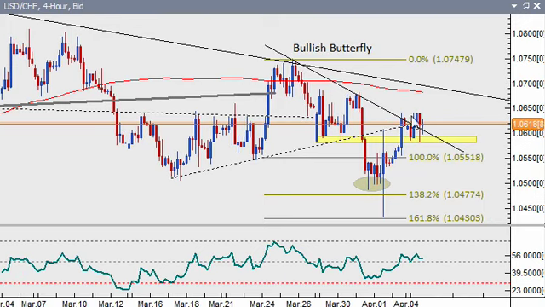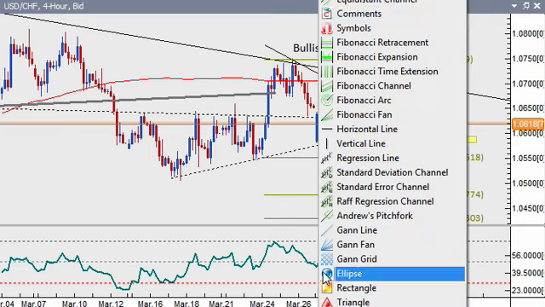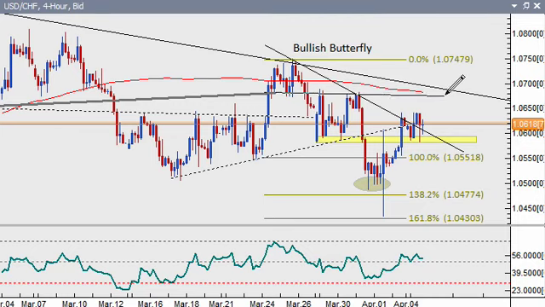So it's very likely that in the Asian/European session coming up the market will test this next important level, which is near 1.0680.